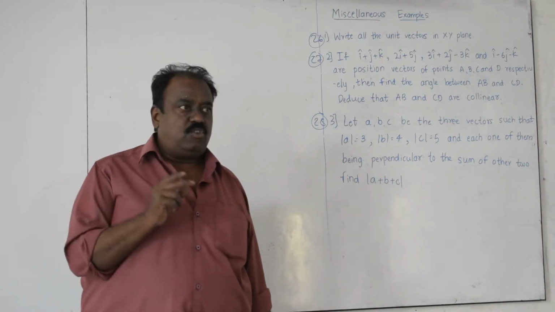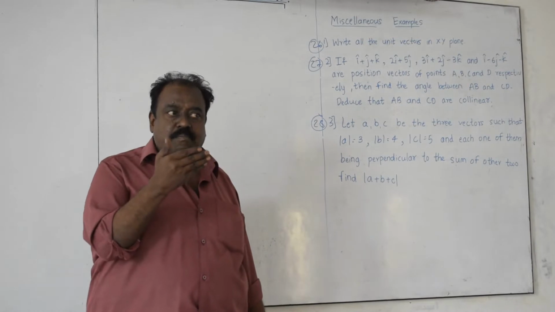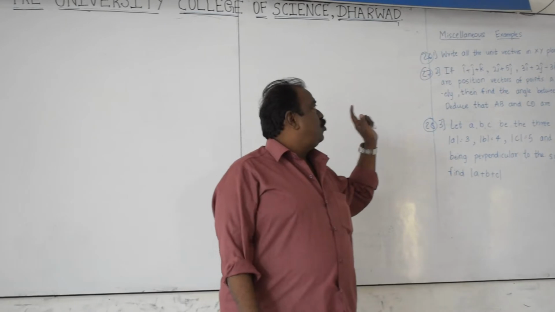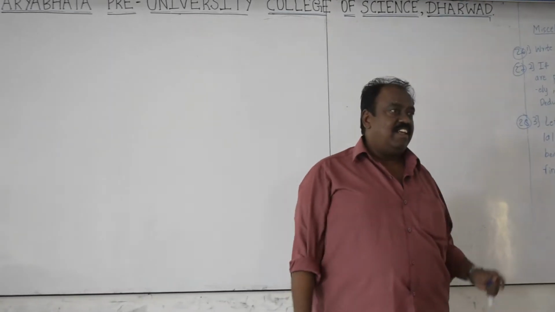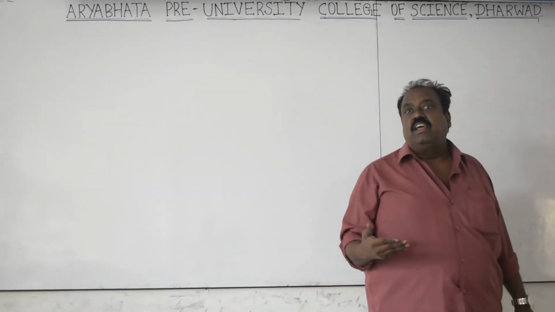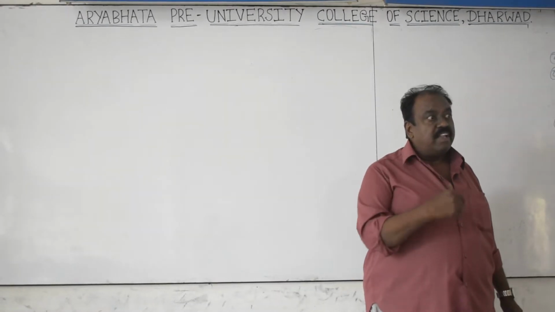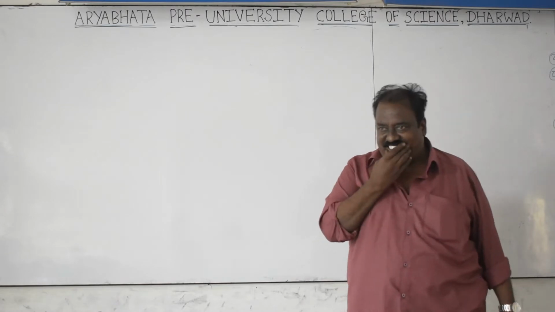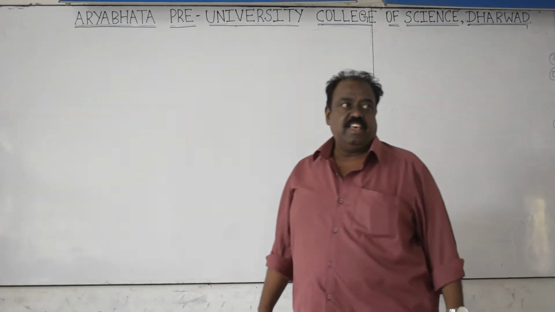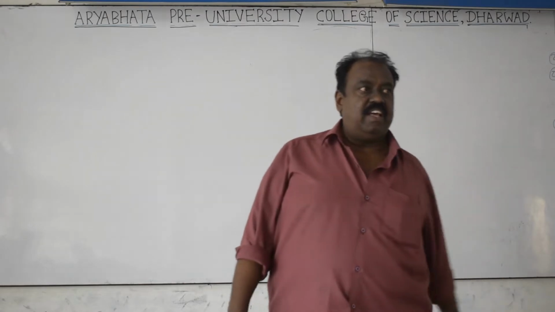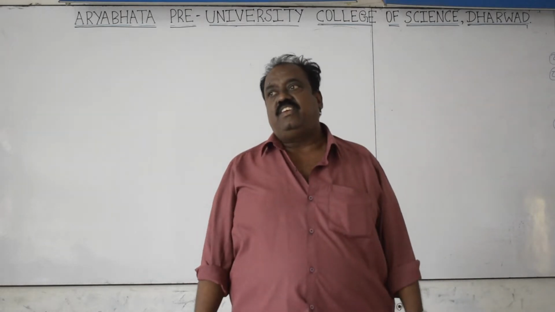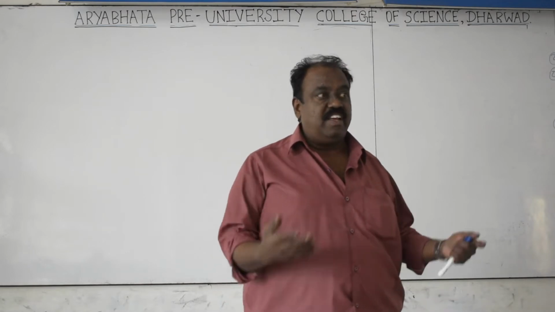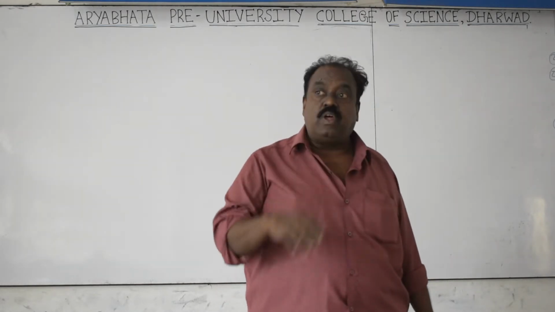If this question is asked in the annual exam paper, how can you find the unit vector? We know that i cap is the unit vector on the x-axis, j cap is the unit vector on the y-axis, and k cap is the unit vector on the z-axis.